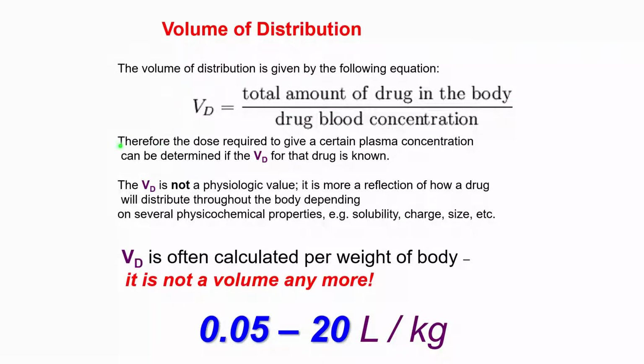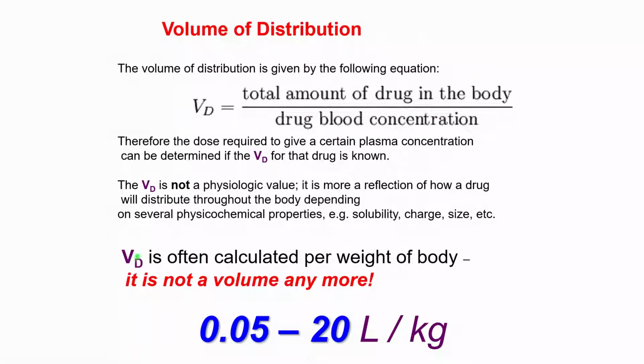Now, the dose required to give a certain plasma concentration can be determined if the volume of distribution of that drug is known. Volume of distribution is not a physiological value. It is more a reflection of how the drug will distribute throughout the body depending on physicochemical properties: solubility, charge, size, etc.